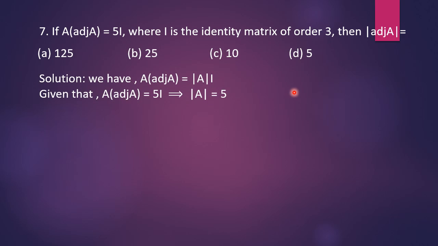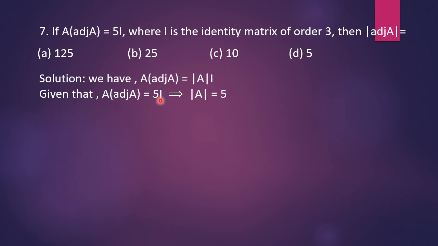Same formula, determinant of adjoint A is determinant A to the power n minus 1, where n is the order of the matrix. We know one more formula, that is A into adjoint A is equal to determinant A into I. But here given that A into adjoint A is 5 into I.